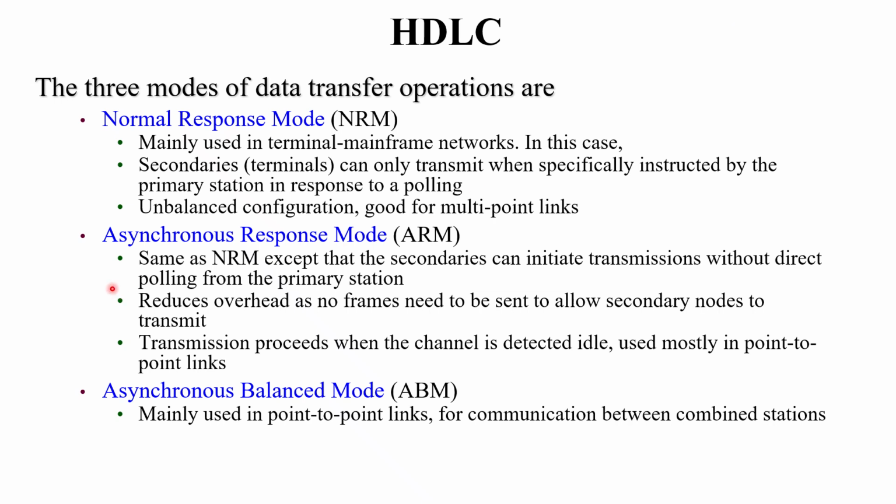In asynchronous response mode, the operation is similar to NRM except that the secondary station can initiate transmissions without direct polling from the primary station. This reduces communication overhead since no extra frames are needed to permit secondary transmissions, making it more efficient for point-to-point links.